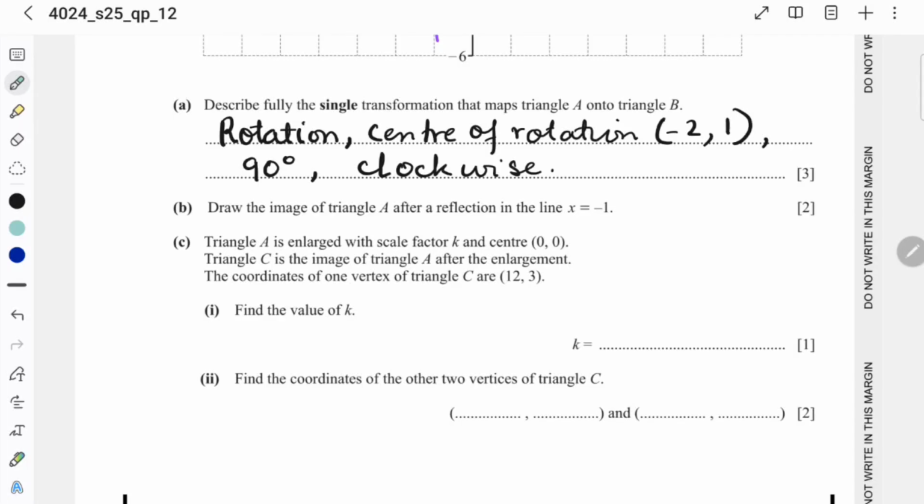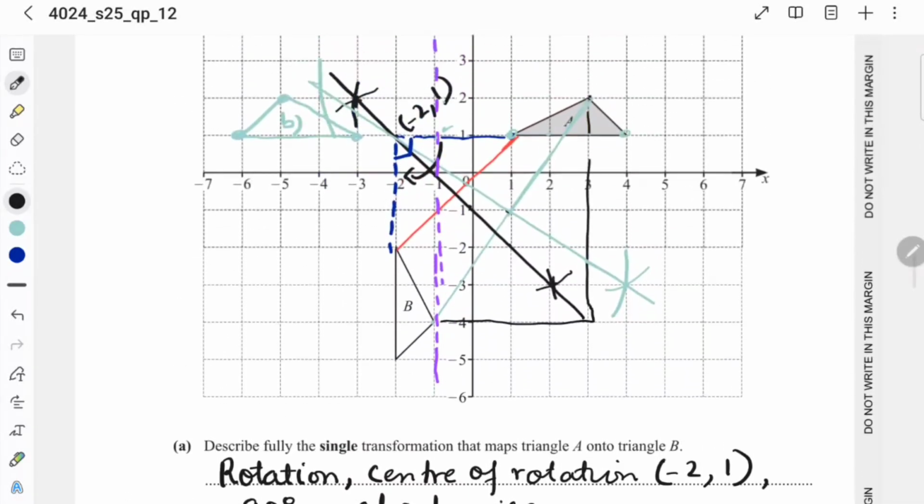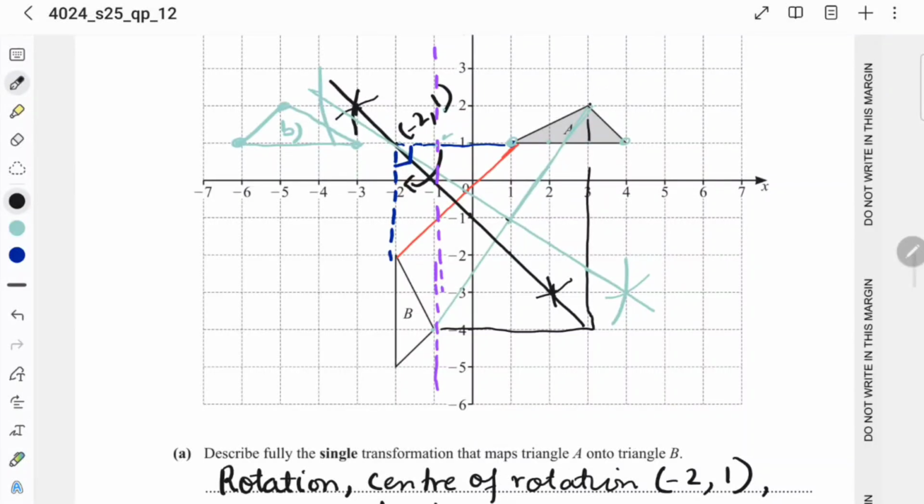The coordinates of one of the vertices of triangle C is (12, 3), and they are asking you what is the scale factor. So let's see what are the coordinates of A. The coordinates of A are (3, 2), the other one is (1, 1), and the last one is (4, 1).